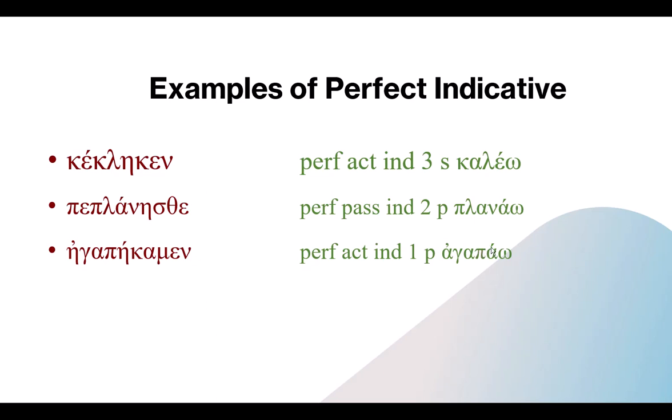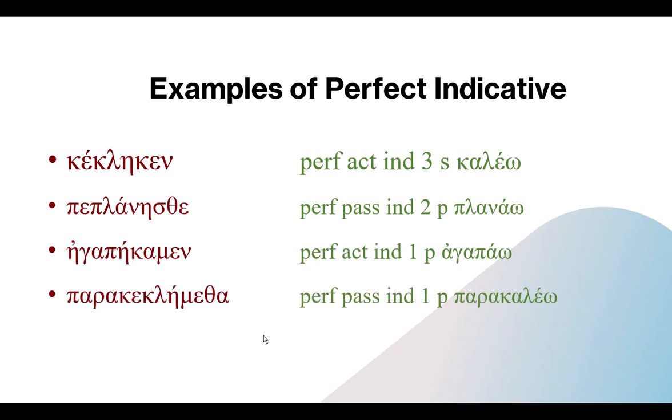The alpha contract vowel is lengthened before that tense formative to an eta. So we have a, and then we have the active tense formative ka, and then that bumps up right against the men, the first plural ending. So perfect active indicative first plural of agapao, and this would be we have loved.